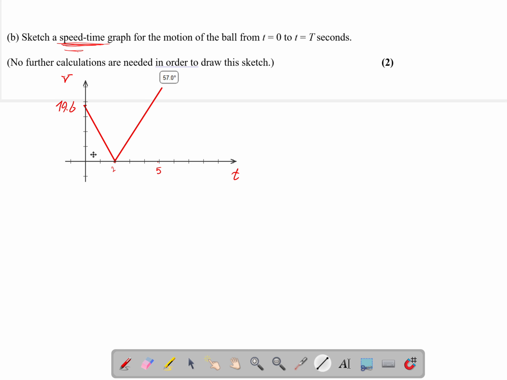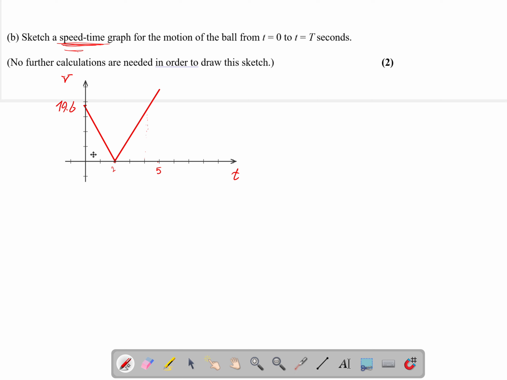I don't care about the final speed actually. Almost at 4 seconds, here I should be exactly at 19.6, let's say. Okay, it's almost correct. It's enough because it says that no further calculations are needed to draw this sketch.